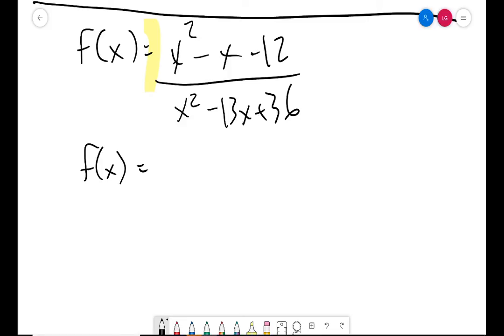Because when you're trying to simplify, you're trying to see whether or not part of the factoring matches top and bottom and can divide to 1. So let's do this factoring. I think I'm looking at x minus 4, x plus 3 on top. I think that should work. And how about on bottom here?